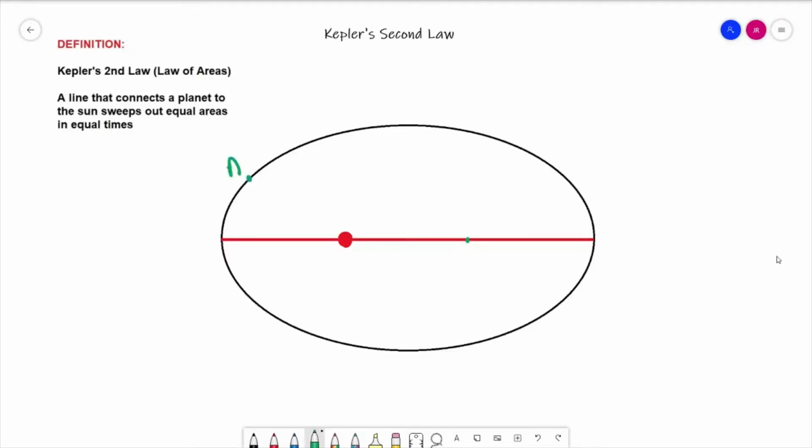So let's have point A and point B. And let's join point A to the Sun and join point B to the Sun. Now we can see that those lines have given us an area which is not too dissimilar to a triangle, but at least it's given us some kind of area.